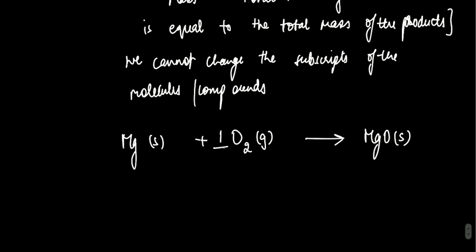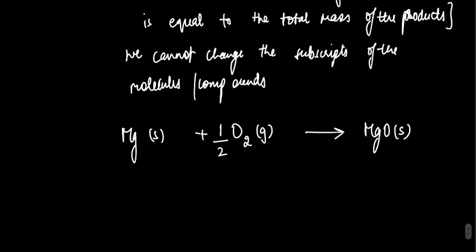If I put half in front of this oxygen, just remember there is nothing like half a molecule practically existing. It's always going to be a whole number. But on theoretical grounds, we can take a fraction like this only for molecules of the same element. Meaning, we can never put a fraction in front of magnesium oxide because that indicates half magnesium atoms and half oxygen atom.